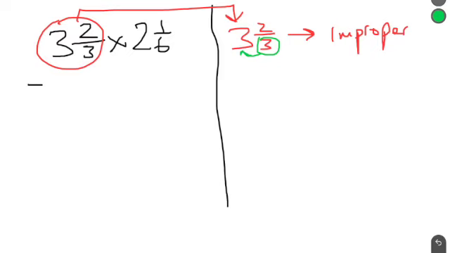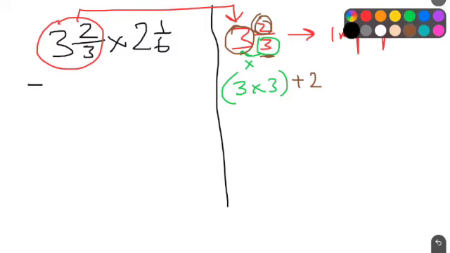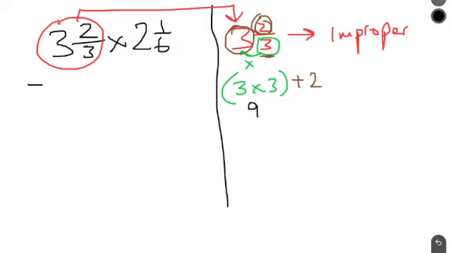So you say 3 times 3, and then you add whatever is in the numerator. So in this case, it would be 3 times 3 plus 2. And this would turn out to be 9 plus 2, which is equal to 11. So then this improper fraction would be 11/3.